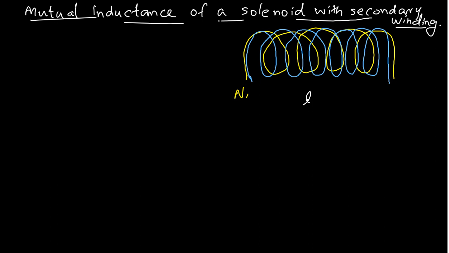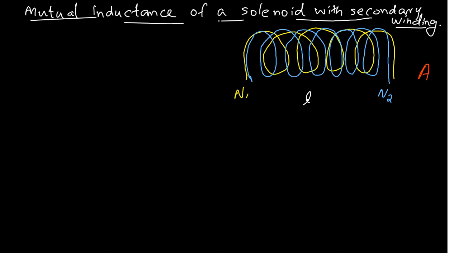Let a secondary coil with N2 turns be over the primary about its center, and let A be the common cross-sectional area of both the solenoids.